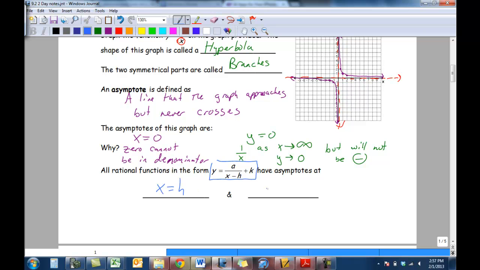All right, and then there's going to be a horizontal. This is going to be your vertical asymptote. And then our other one is going to be at y equals k. And that's going to be our horizontal asymptote.